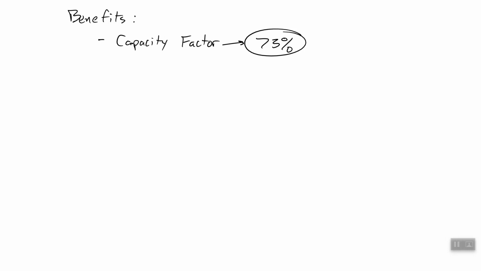This means the generators in a hydroelectric plant are operating at their maximum rated capacity 73% of the time. Compare this to solar or wind with very low capacity factors. Honestly, capacity factor is not a fair judge of the utility of solar or wind, but still, compared to the 10 to 20%, 73% is amazing.